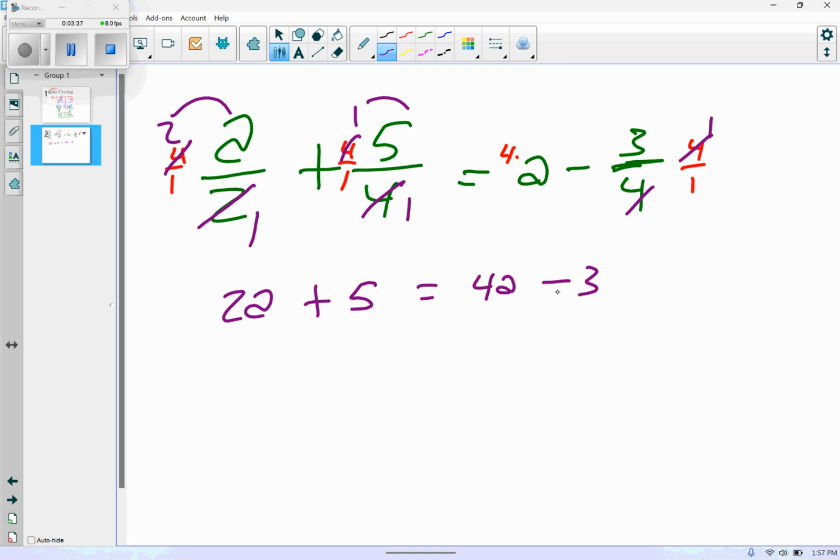But why does 2 go into 4? Because 2 times 2 is 4. Right? It's a factor. So let's do it off to the side. If I were to take the 2 and go 2 times 1, 2 times 2, 2 times 3, 2 times 4. You agree with that?